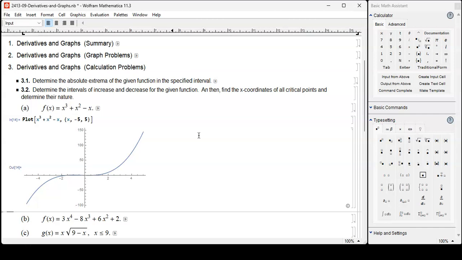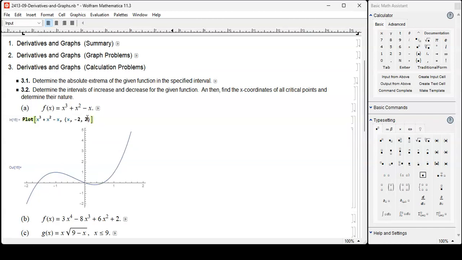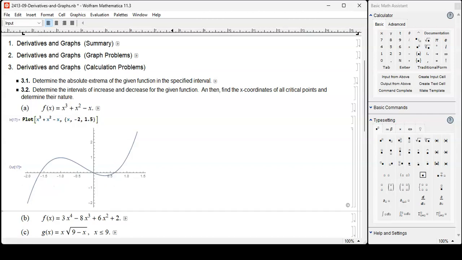If you use your handheld calculator or something, you can adjust the viewing window. I think I got a bit too big. Negative 3 to positive 3. Okay, I can see some wiggling. Negative 2 to positive 2. Okay, that's better. Negative 2 to about 1.5. Okay, I have a local maximum here, local minimum here, and that's what I'm looking for.